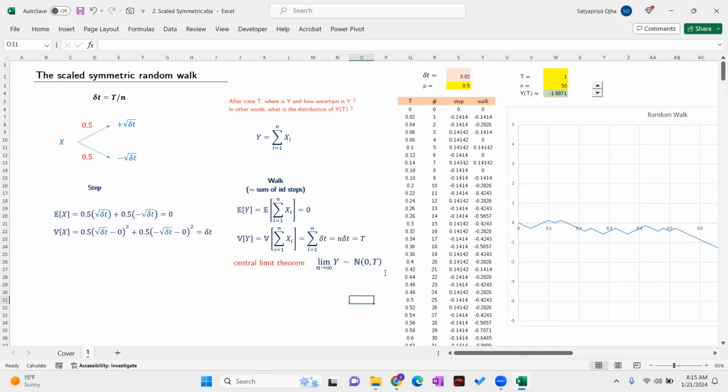Now, question. If this is desirable, the question is, why are you then modeling everything in a discrete fashion? Two values. Why are you doing that? If you want this end result, why not make the step itself take continuous random values?